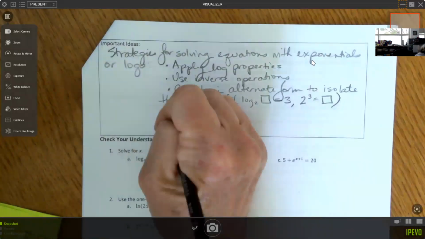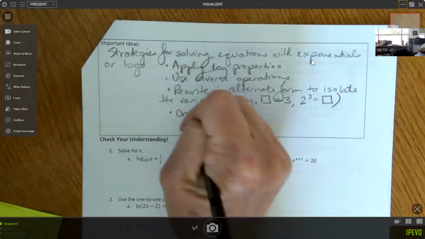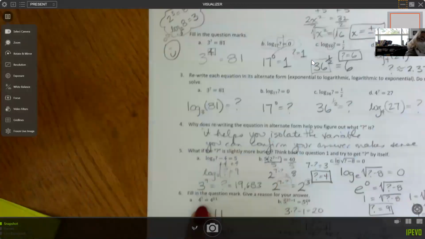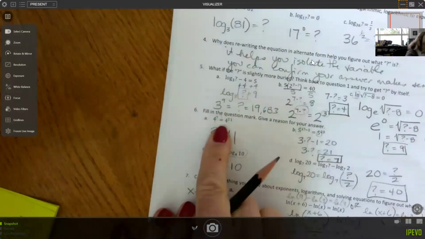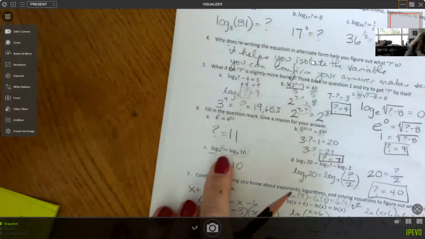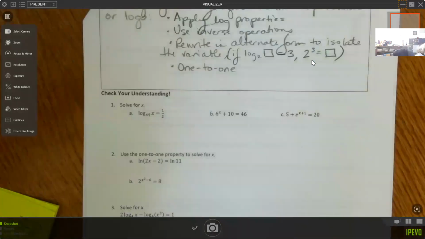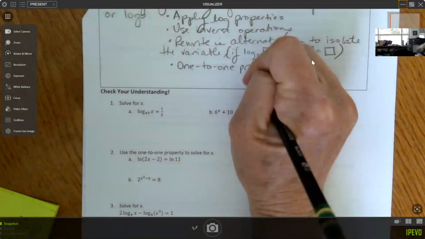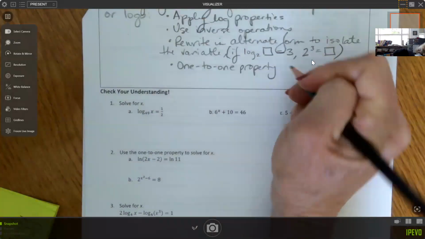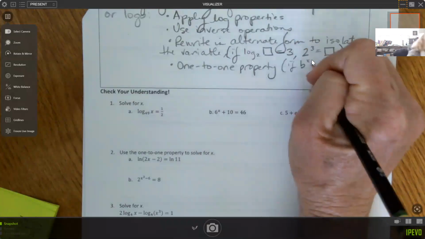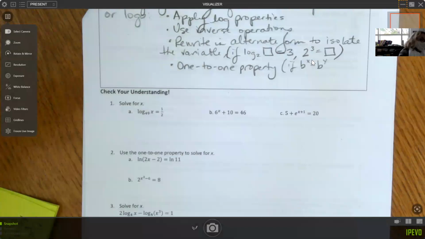And then there's a name for that situation that we are looking at here, right? Where it's like, oh, I don't even have to worry about the base of 4, right? Because the same base and they were equal, or the same base log and they were equal. What we call that is the one-to-one property. Okay, and what that means is if I've got b to the x equals b to the y, I do not even need to worry about what that base is.